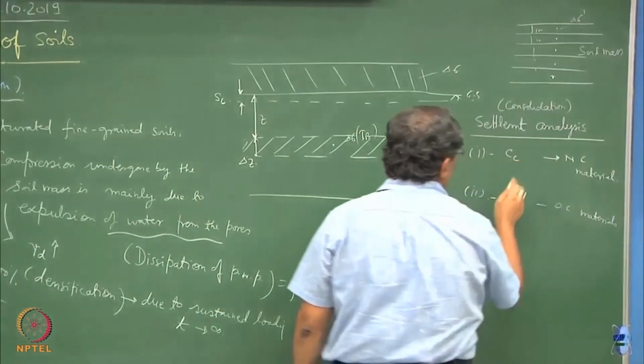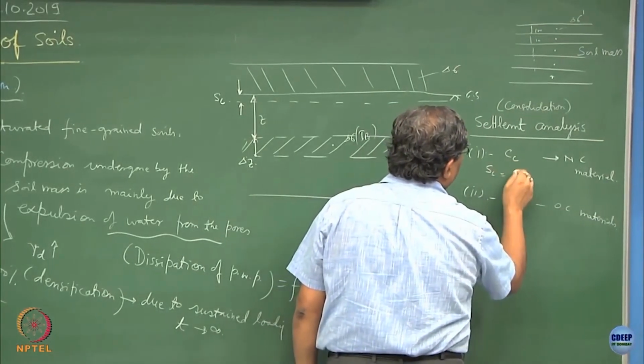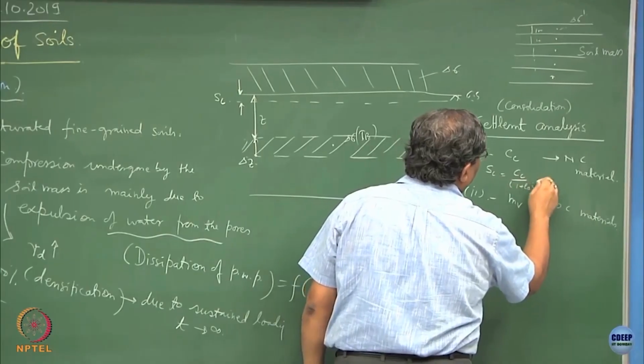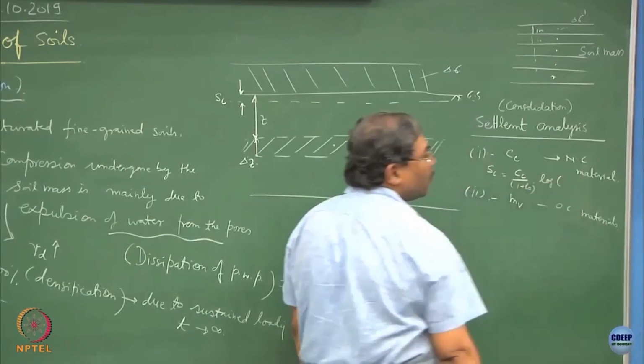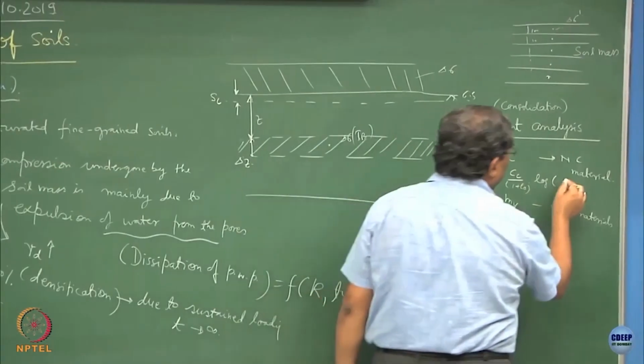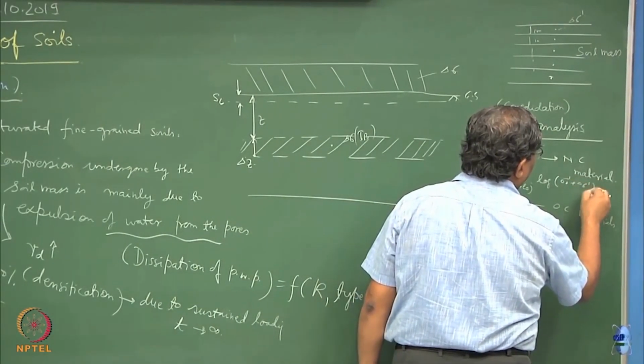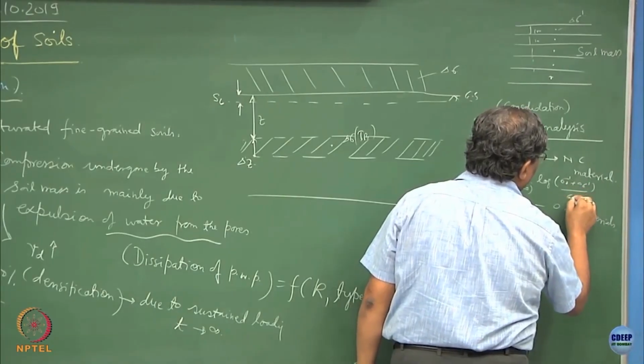So, if CC is known, the SC can be written as CC over 1 plus e naught into log of sigma prime initial plus delta sigma prime over sigma naught prime.